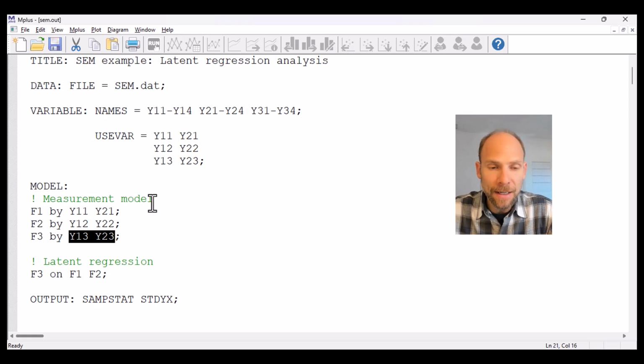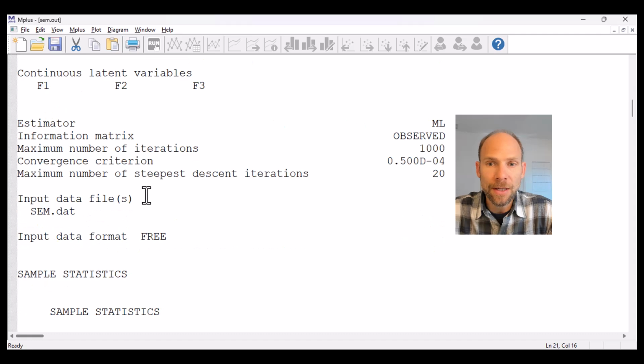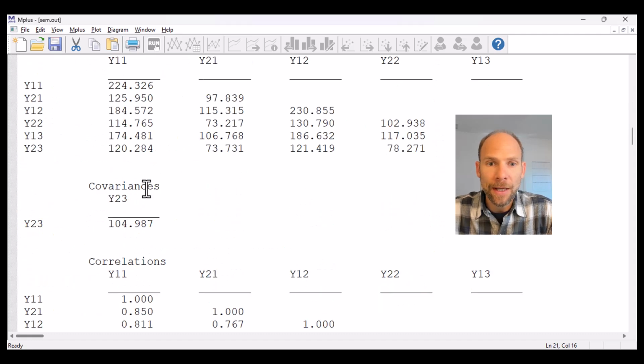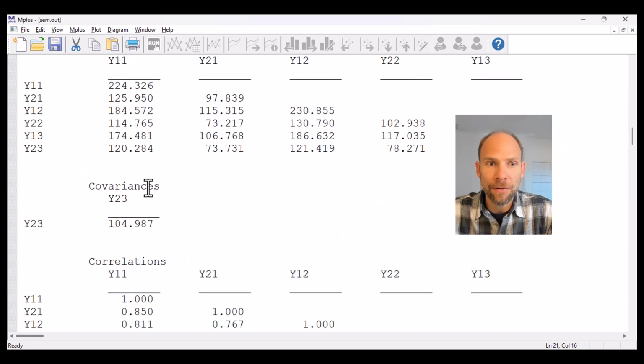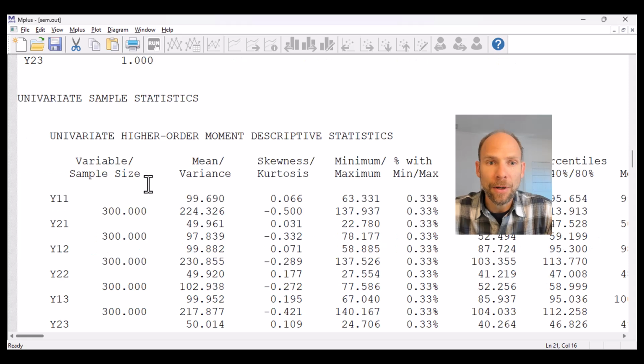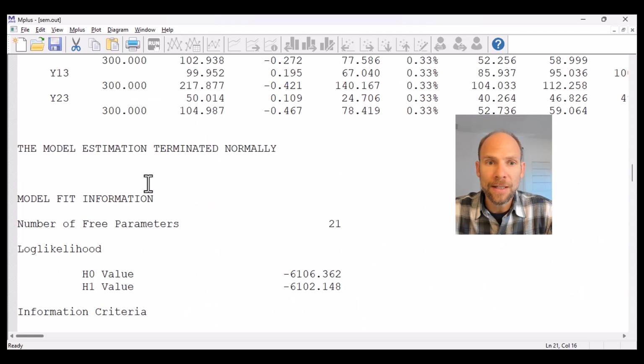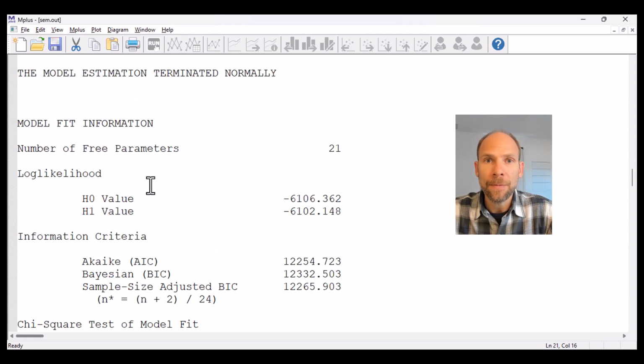So let's take a look at the output here in Mplus to see what we get and how these results are interpreted. I have descriptive statistics here for the observed variables, which we're not going to look at in detail right now. I want to go straight to the fit statistics so you can see what we should look at first whenever we estimate a confirmatory factor analysis or a structural equation model or also a path analytic model.